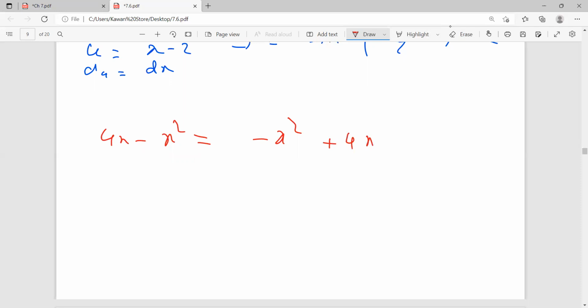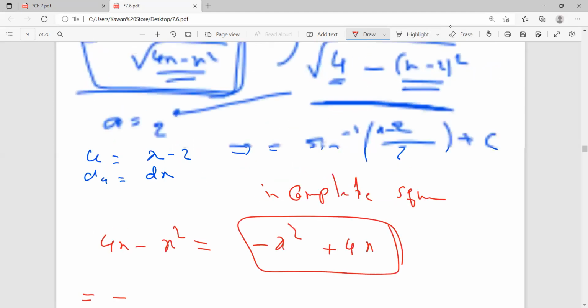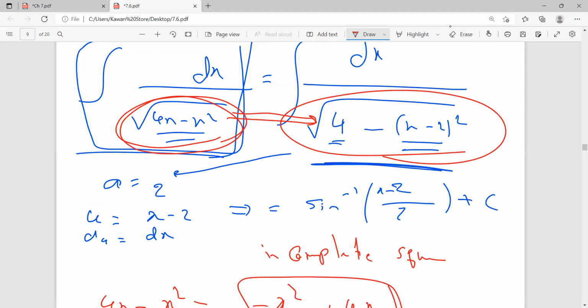This one is an incomplete square. I am going to change it to a complete square.